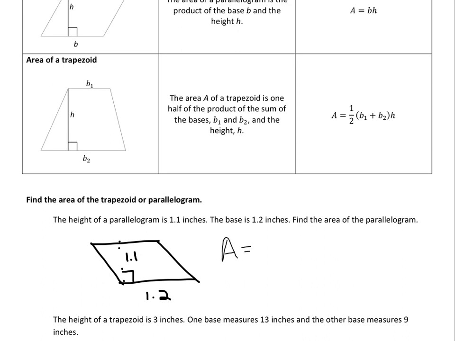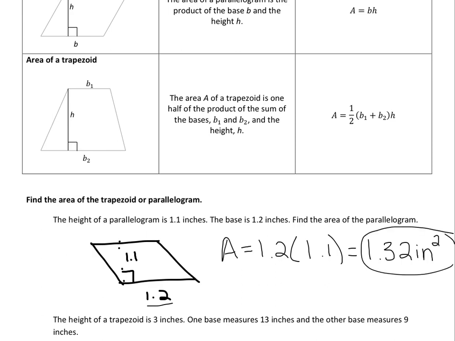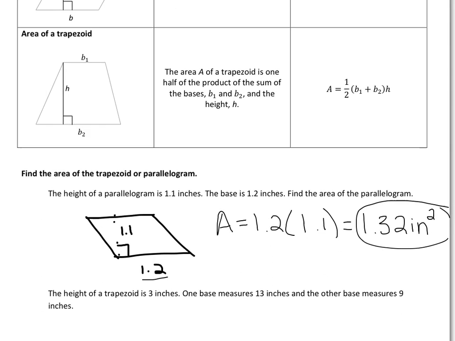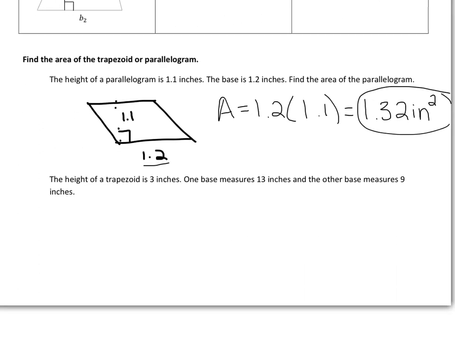So the base, which is 1 2/10, times the height, which is 1 1/10, and when you multiply those out, you should get 1 32/100 inches squared. So area is always inches squared or units squared.